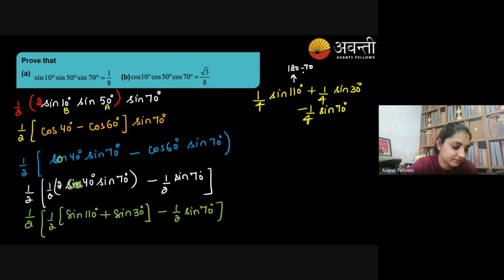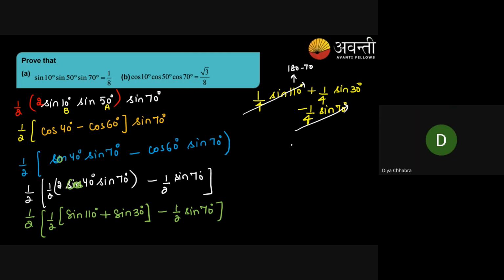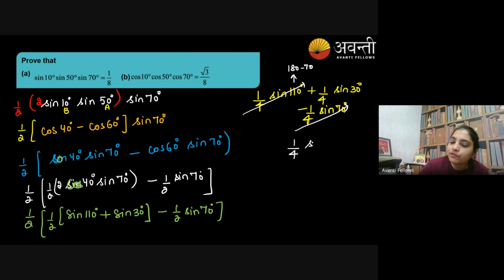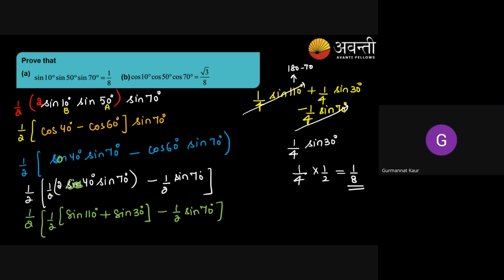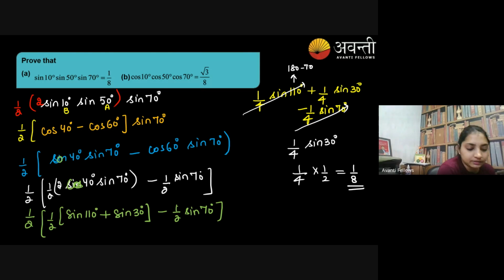Do you remember that in the second quadrant sine is positive? So this is positive, this is negative. They are cancelled. So I will get 1 upon 4 sine 30. And what's the value of sine 30? 1 upon 2. So 1 upon 4 into 1 upon 2, answer will be 1 upon 8. Yes or no? Yes, ma'am.